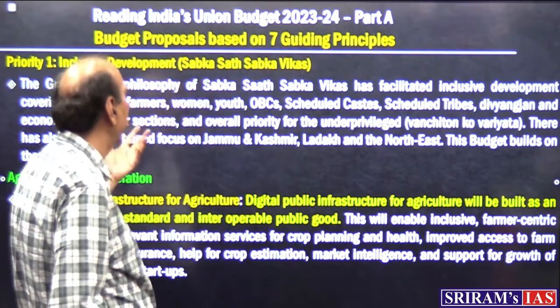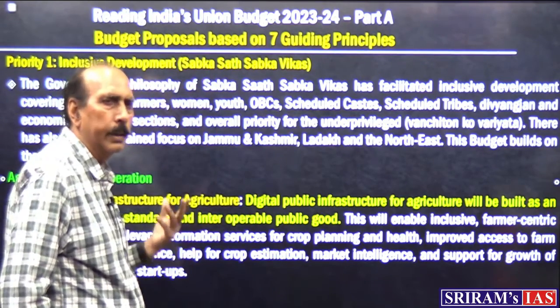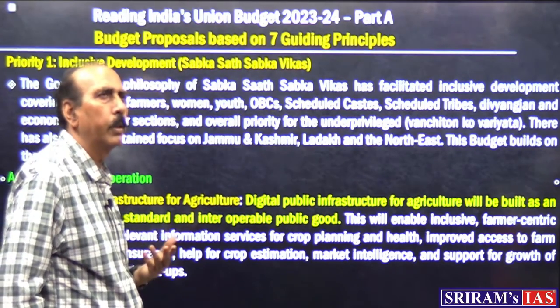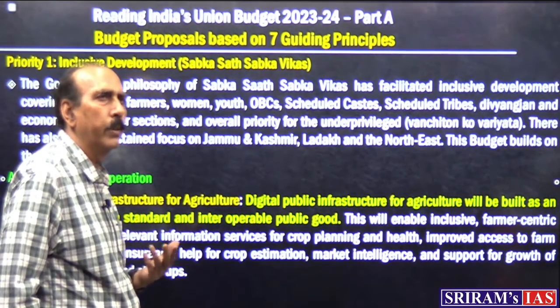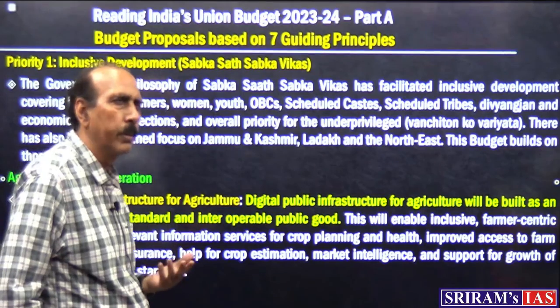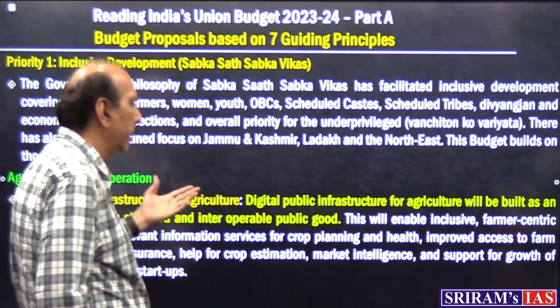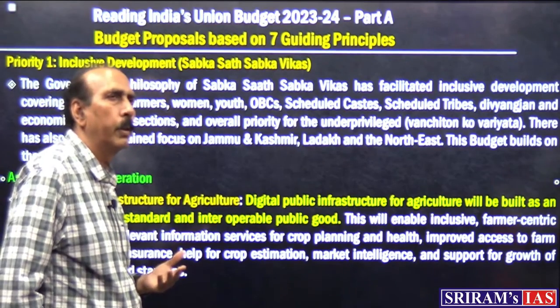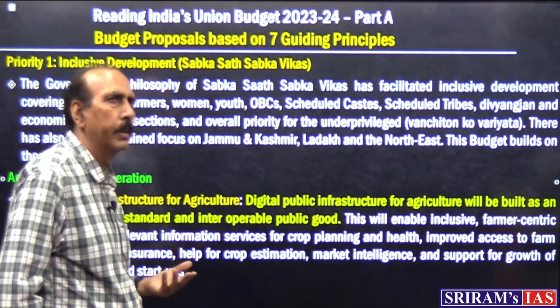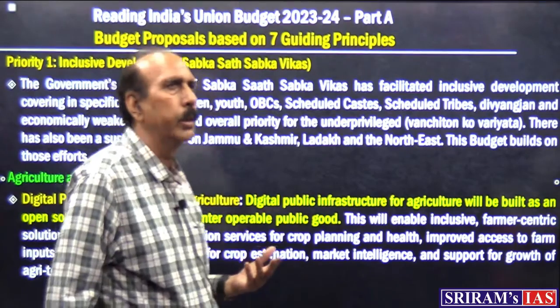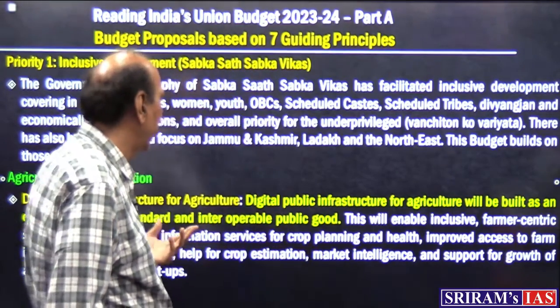And therefore, agriculture and cooperation. Agriculture is considered to be the area where still 44-45% of the working population is engaged, and therefore the government has announced certain programs for further improvement in agriculture. If it improves, then obviously inclusiveness will further rise.